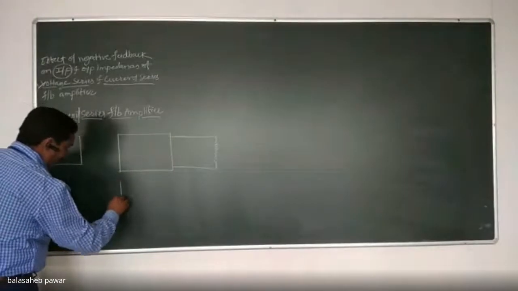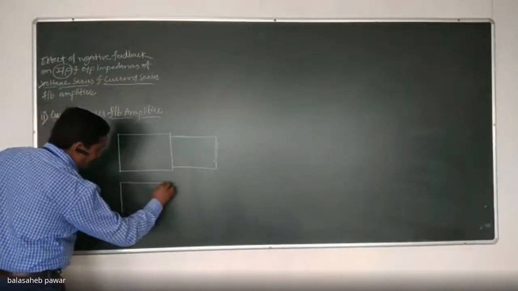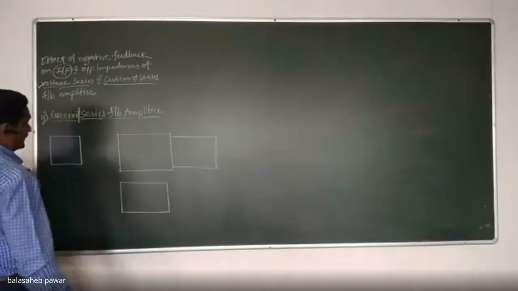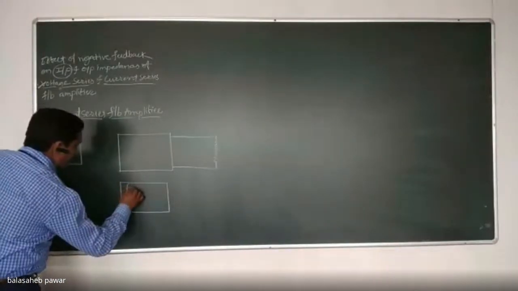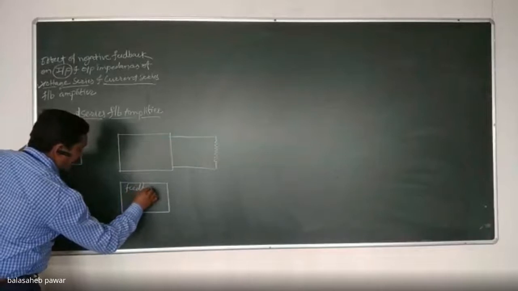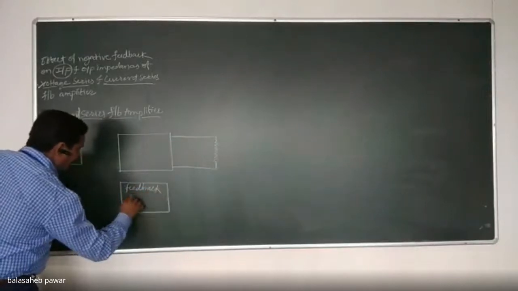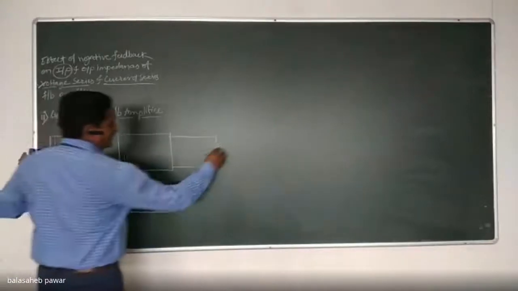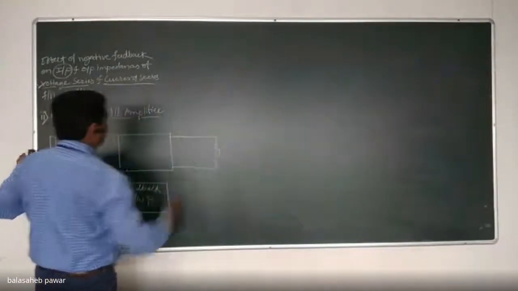And one more block in the feedback part, and that is the feedback network, with the feedback factor beta. This one is RL, right?